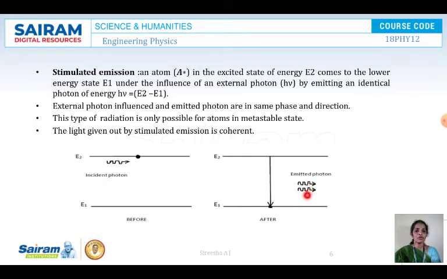When the incident photon makes the atom come down, the incident photon and the emitted photon will have the same characteristics, that is the frequency, wavelength, velocity and phase. Whatever the characteristics of the incident photon, they will be taken over by the emitted photon. So both have the same velocity, same frequency, same wavelength, and they are in phase. They have the same phase difference.